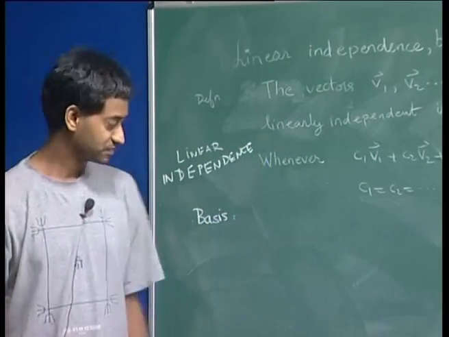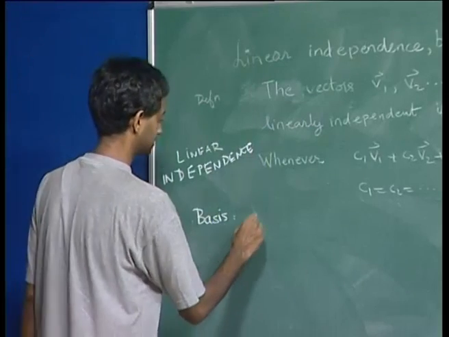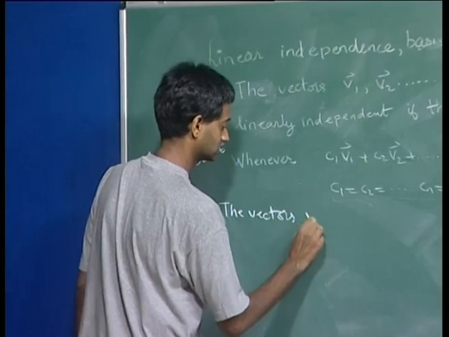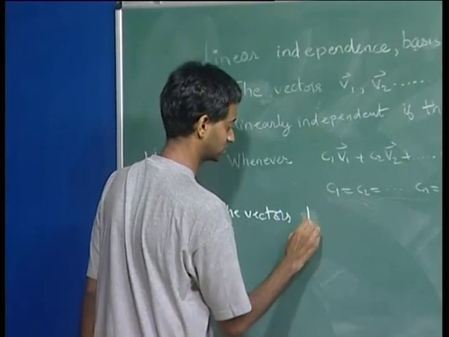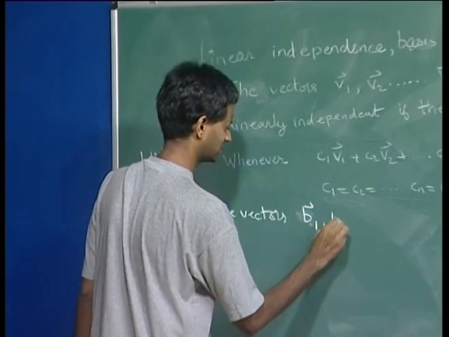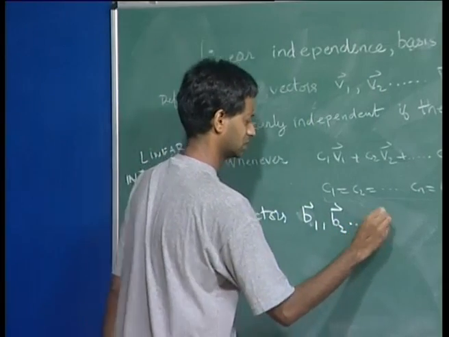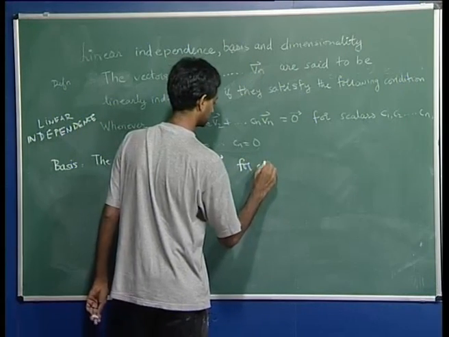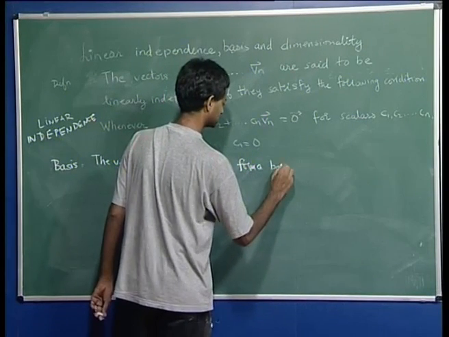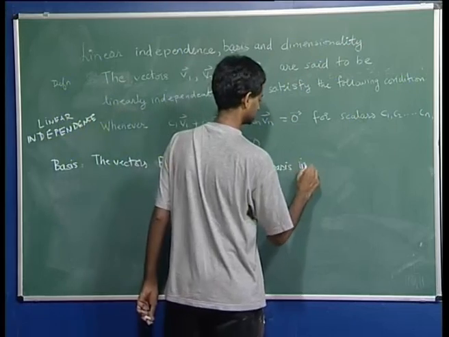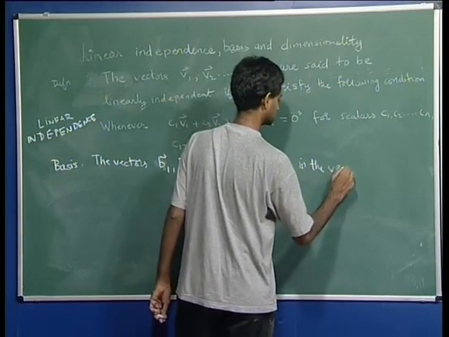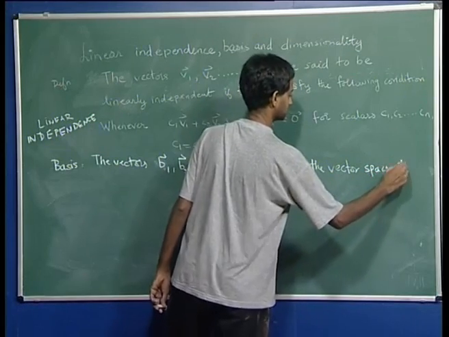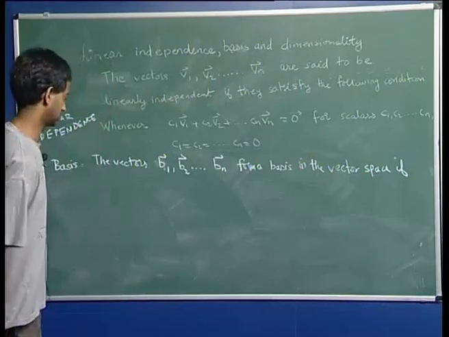A set of vectors, and I'll deliberately use the term vectors b1, b2 up to bn, form a basis in the vector space if they satisfy two conditions.